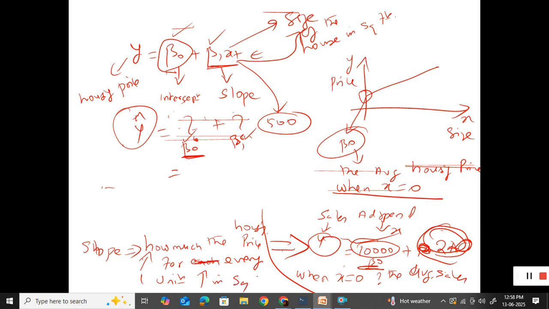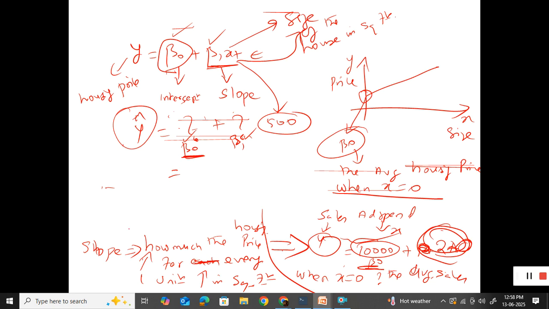This is the perfect statement. The slope helps us to understand how much the housing price increases for every unit increase in square feet.